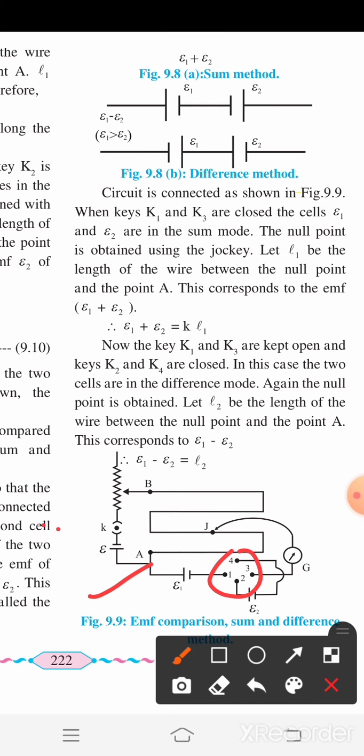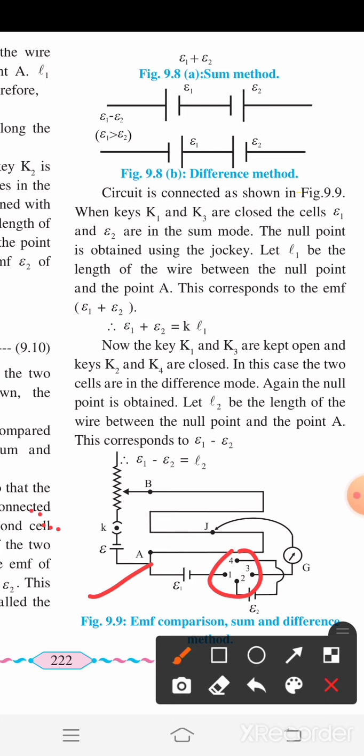closed. And secondly, if we keep K1 and K3 open, then we connect the cells E1 and E2 using the difference method. So first we connect the cells E1 and E2 using keys K1 and K3 closed.